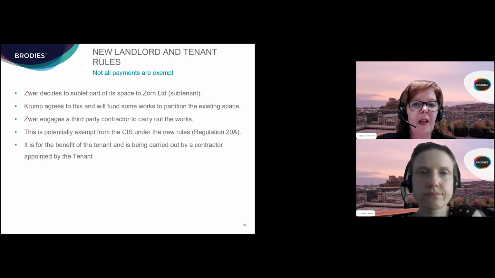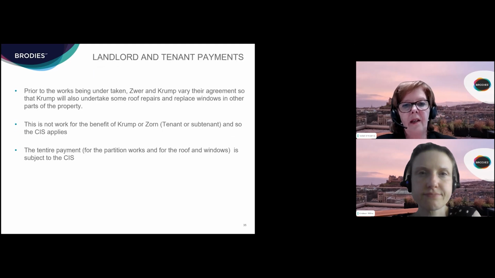But this is in one of the HMRC examples. So HMRC do accept that this kind of arrangement would be okay. So it's worth looking at the HMRC guidance for situations that are not entirely straightforward. If we move on to the next slide, this is following on from the previous example.